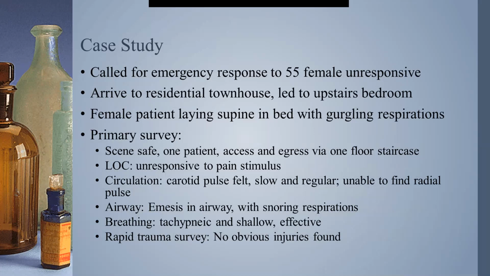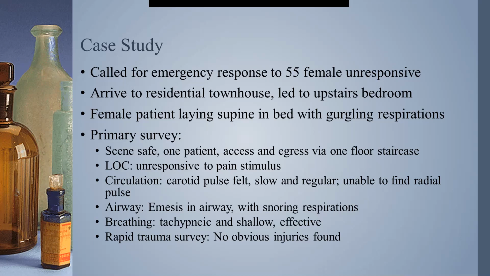So in the primary survey, we assess that the scene is safe. There is one patient, access and egress via one floor staircase. Initial level of consciousness, she is unresponsive to pain stimulus. Circulation, she has a carotid pulse, feels slow and regular.